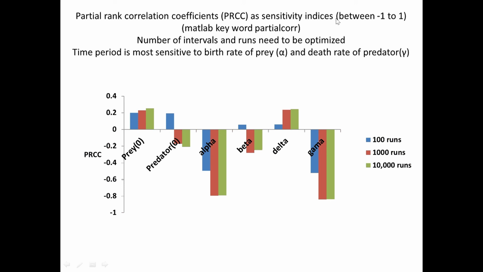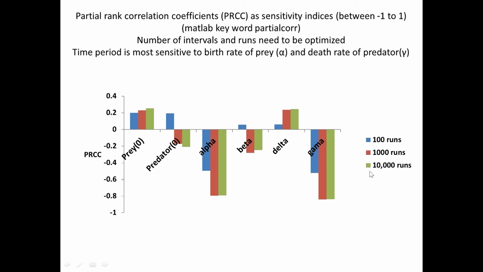These values vary between -1 and 1, and I've plotted them here on the y-axis. On the x-axis are the different parameters, and these values change with the number of runs. You get higher and higher accuracy as you increase the number of runs.